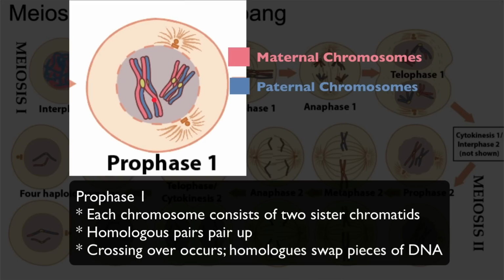What else happens during prophase 1? The homologous pairs pair up. The maternal and paternal chromosomes find one another and they embrace. They do this thing called synapsis, and crossing over where they actually exchange pieces of DNA. So that's happening during prophase.